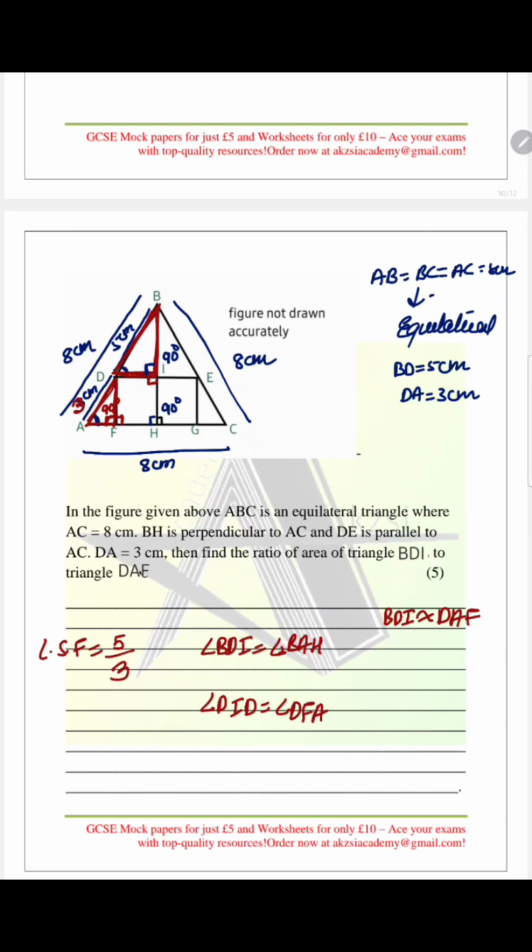It's 5/3. So obviously the area ratio will be 5/3 whole squared. Either you can leave it in a fraction, or it would be better if you convert it into decimal, which will give you the answer approximately 2.78. And that's the ratio of area of BDI to DAF.